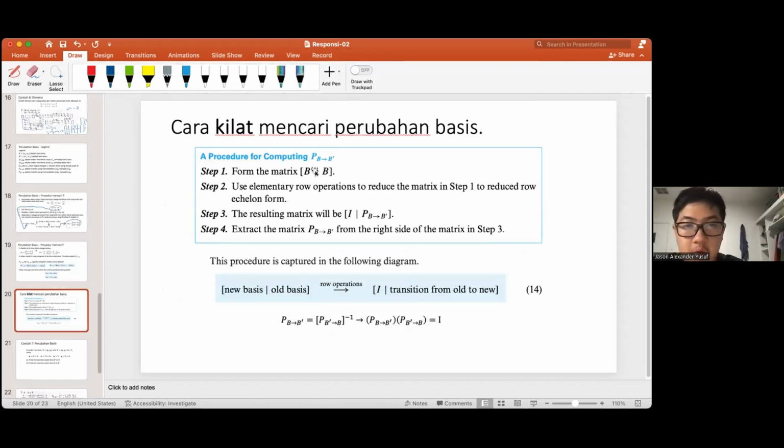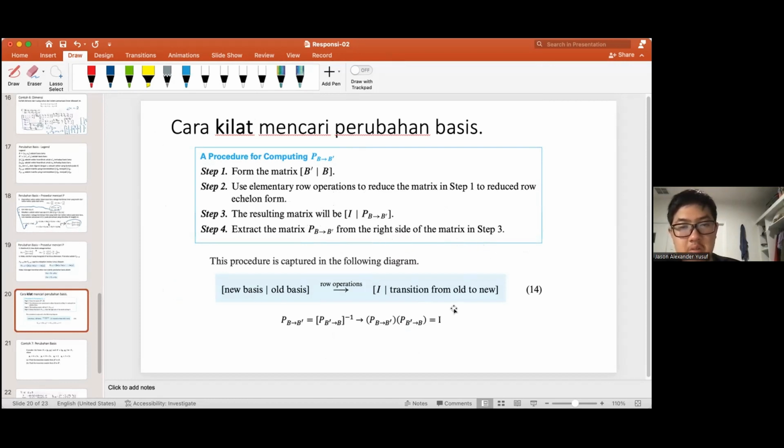Okay, so this is just a quick way of finding the change of basis. Just form the augmented matrix, use elementary row operations in order to change the one on the left to become the identity matrix, and then you extract the matrix from the right side.